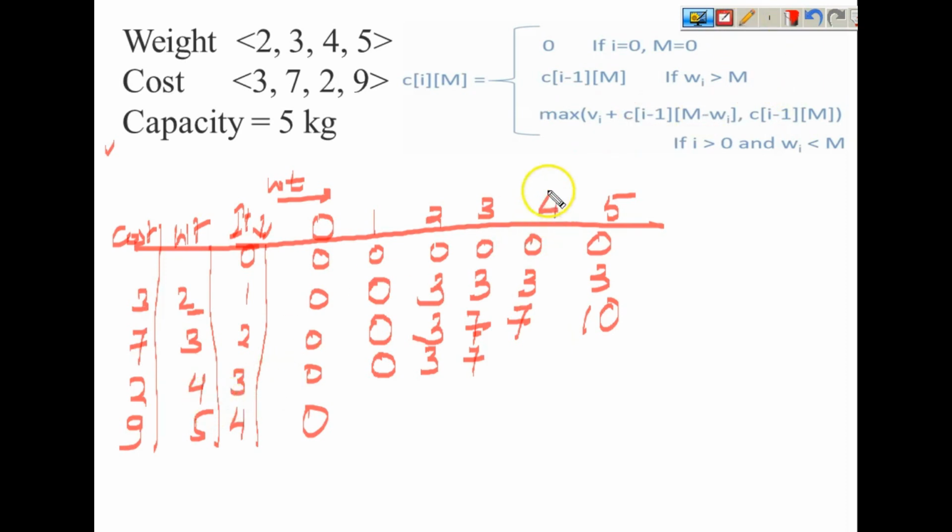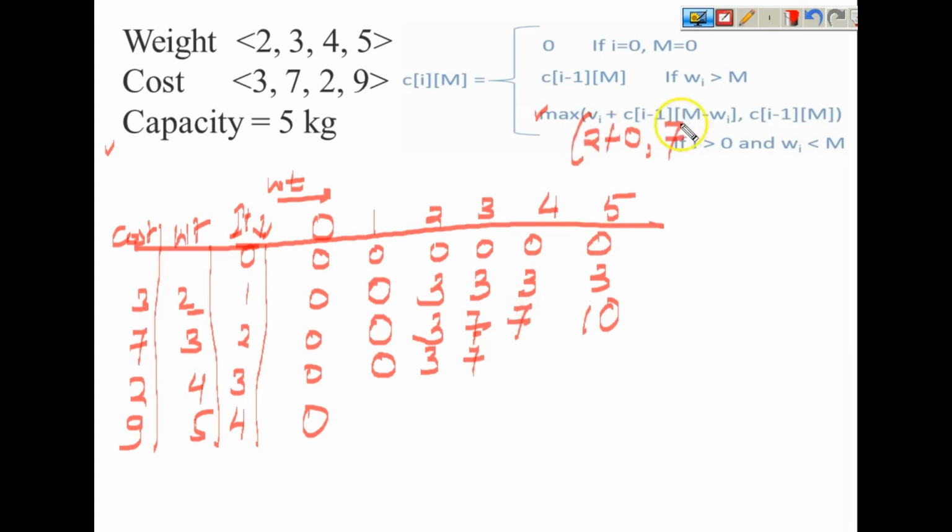For this 4 and this 4, we are in case 3, so we have to take the maximum of these two options. The value of item 3 is 2, so I write 2 here, plus the difference, 4 minus 4 is 0, so I go to 0 and that is simply 0, and this is the value of the previous cell, this is 7.